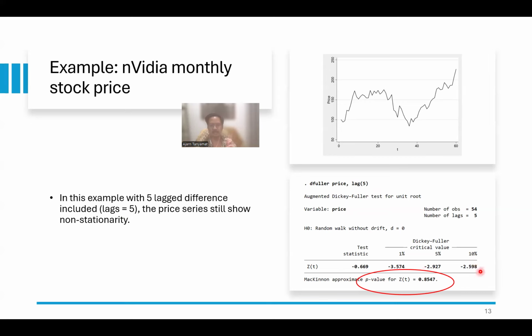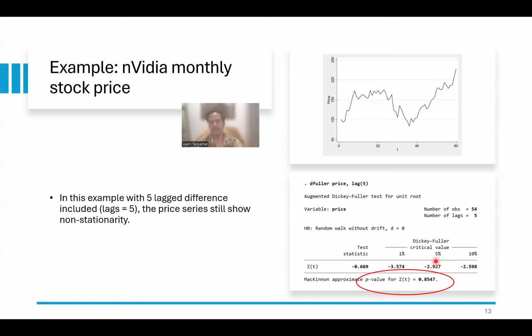So to be significant at 10%, we need our test statistic to be less than negative 2.598. At the 10% level, this is not significant, since it's less negative than 2.598. So you want to compare your test statistic to the critical value.